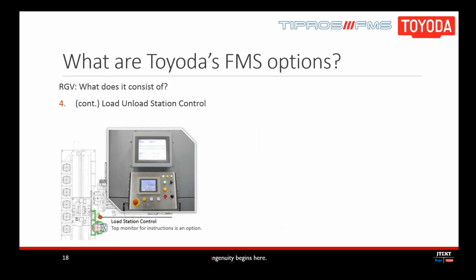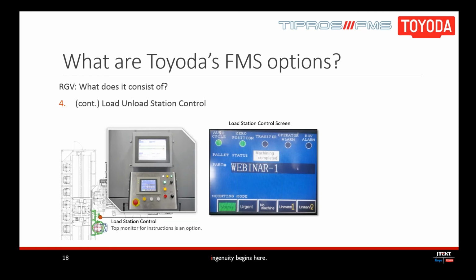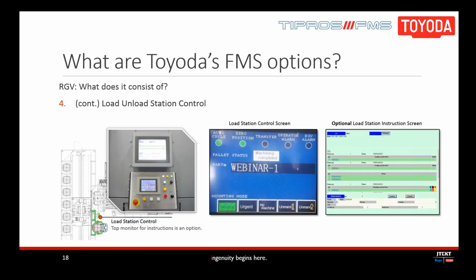The bottom display is a standard and controls the loading station. The upper screen is an option and is used for loading instructions. The instructions here can also be seen on the cell controller's computer.